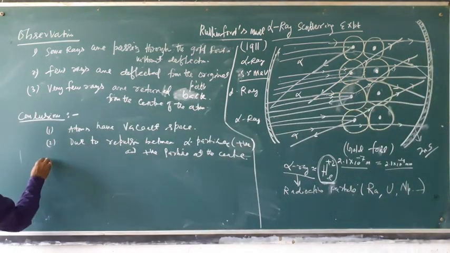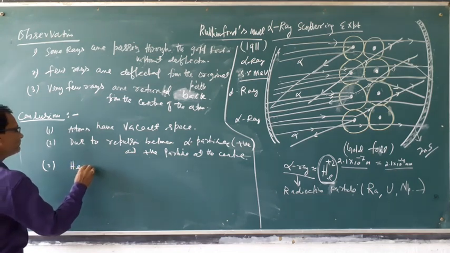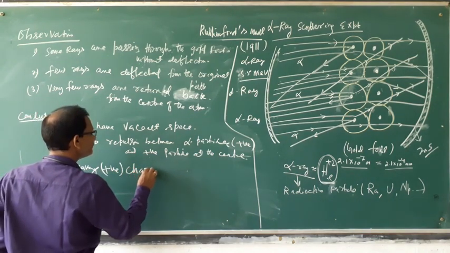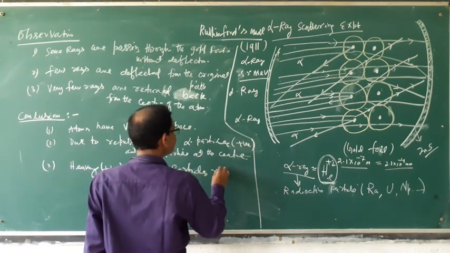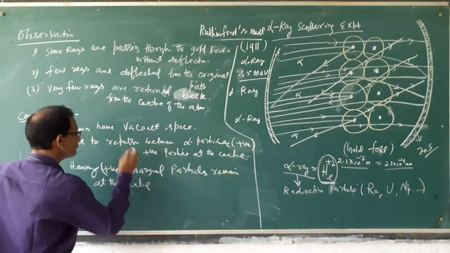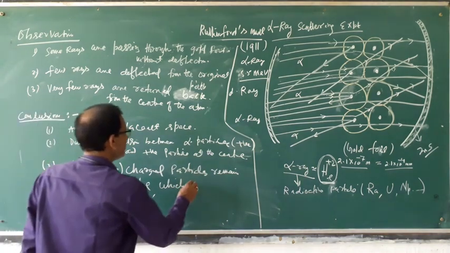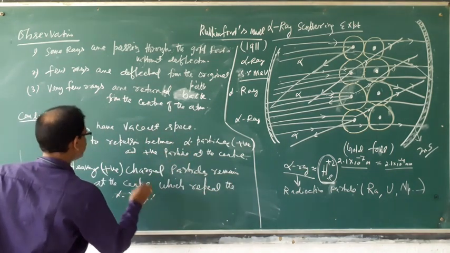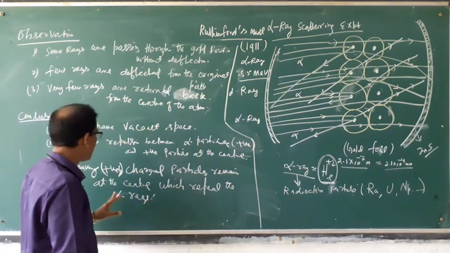Third conclusion: heavy positively charged particles remain at the center, which repel the alpha ray.